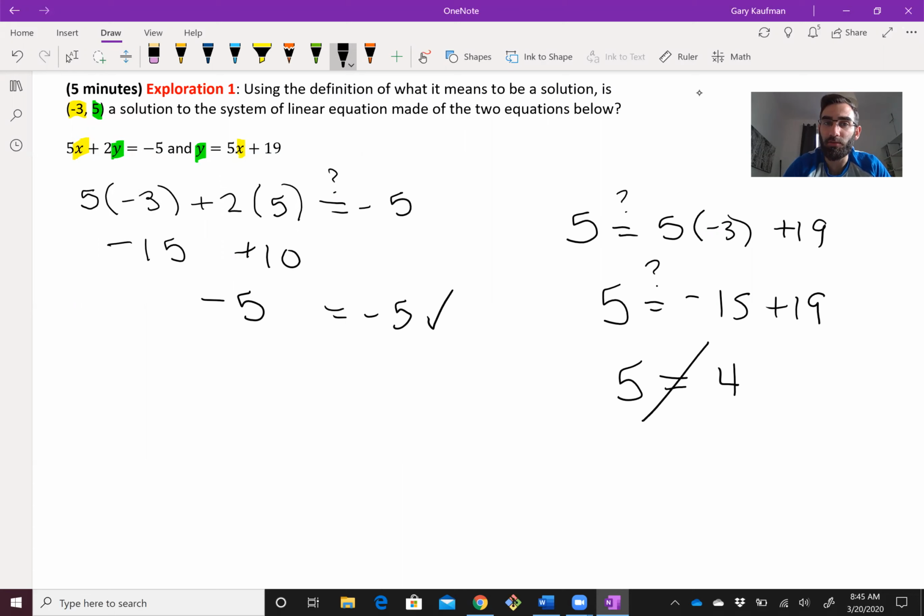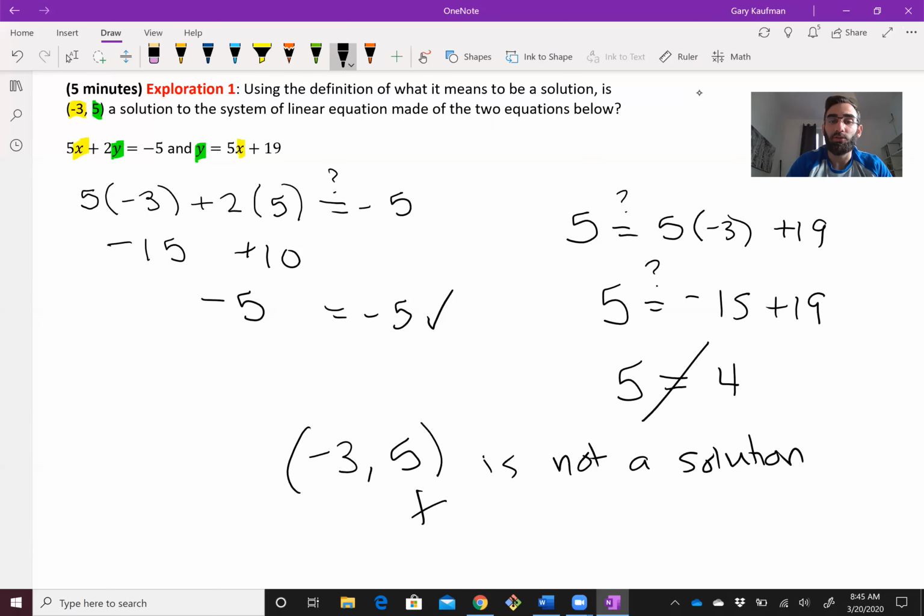Well, that's not true. So (-3, 5), just because it works for the first one, it doesn't work for the second one, in this case is not a solution to the system. It's not good enough to make one true. It must make all of them true.